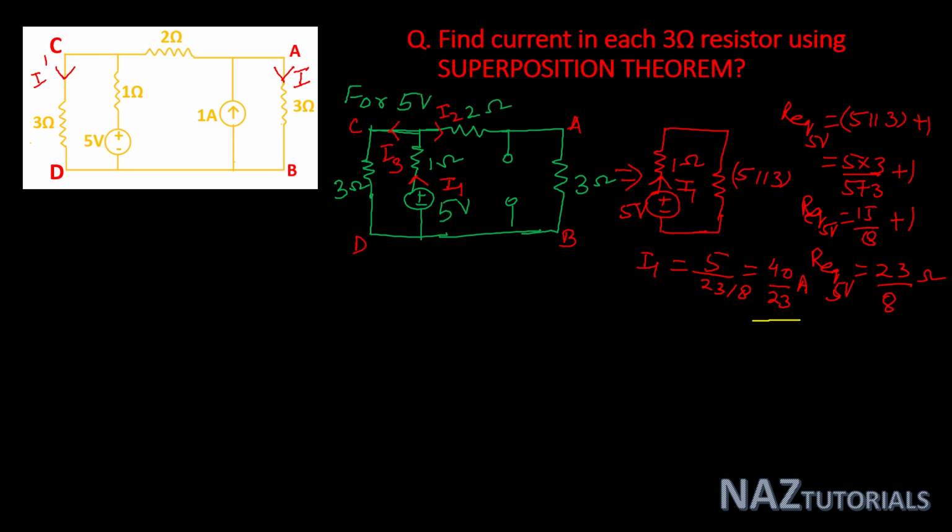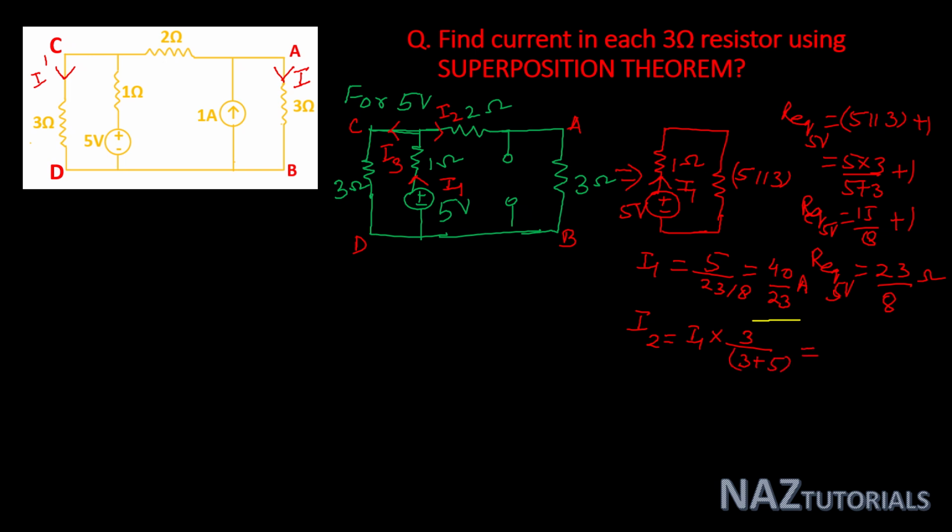Now calculate other branches current I2 and I3 by current divider rule, because we have to find current in AB and CD. So the value of I2, this I2 current is total current I1 multiplied by opposite branch resistance, that is 3 ohm, divided by total branch resistance, that is 3 plus 5.